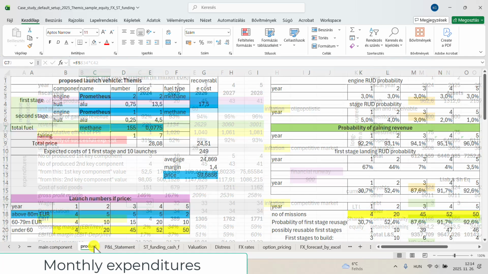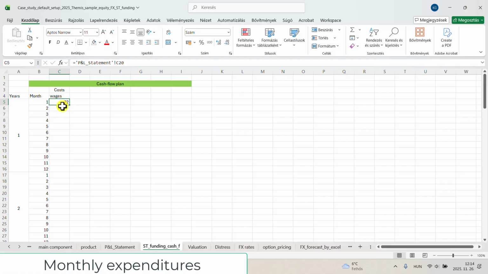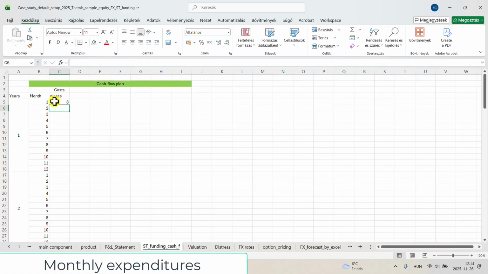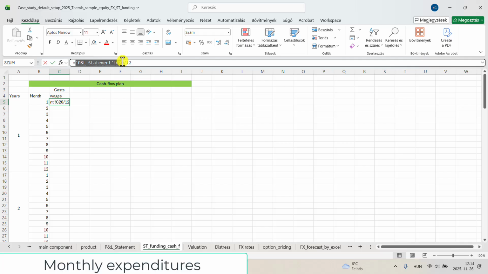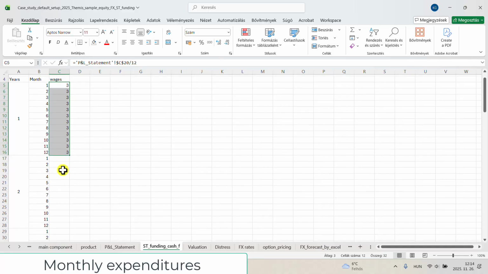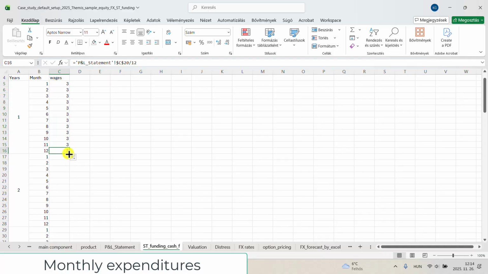So we have to divide it by 12, and also we have to fix it with the dollar mark. So wages are simple.